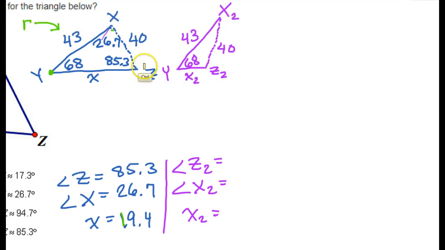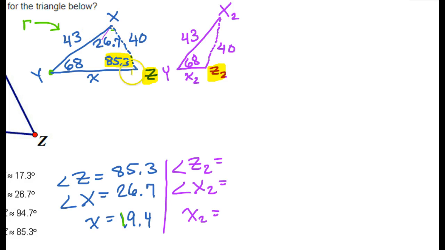You need to understand the angle that's formed by the rope here at the bottom. You see the 85.3 that you get when the rope is on the outside of the triangle, and then you have this angle Z2. Or really, I could just say see angle Z and angle Z2.